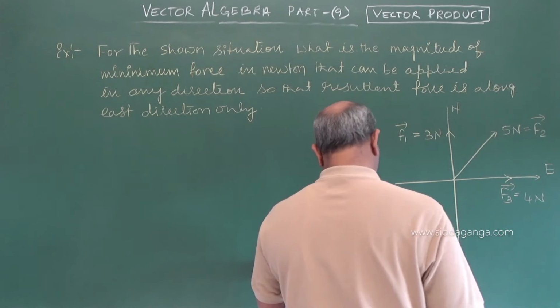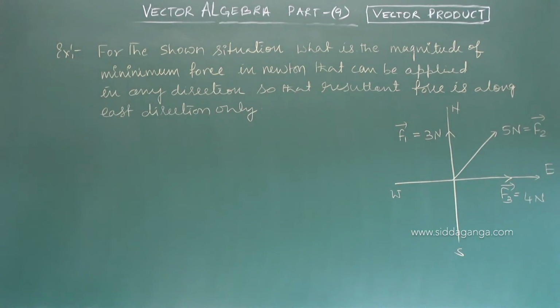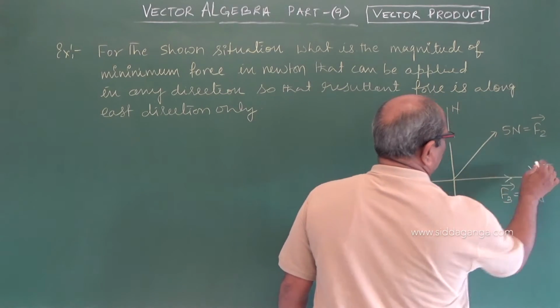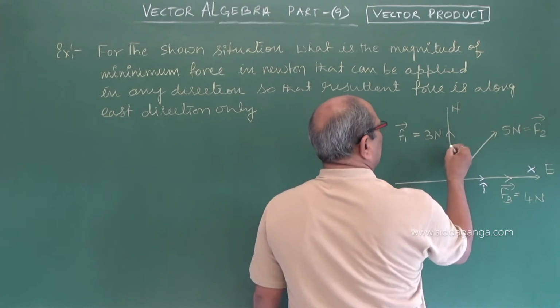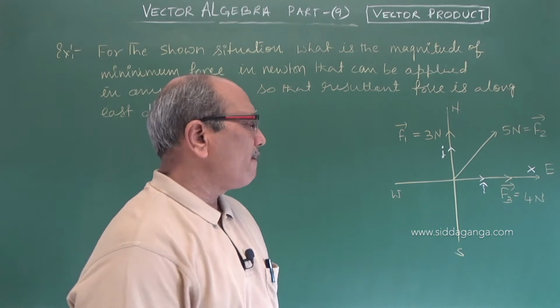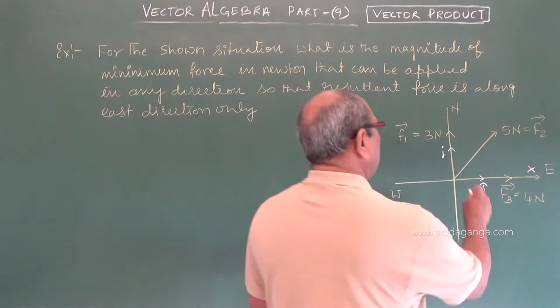So let us see what the question says. If I call this the x direction and assign i, and this the y direction and assign j. Now the angle is also given, yes, here the angle is 30 degrees.